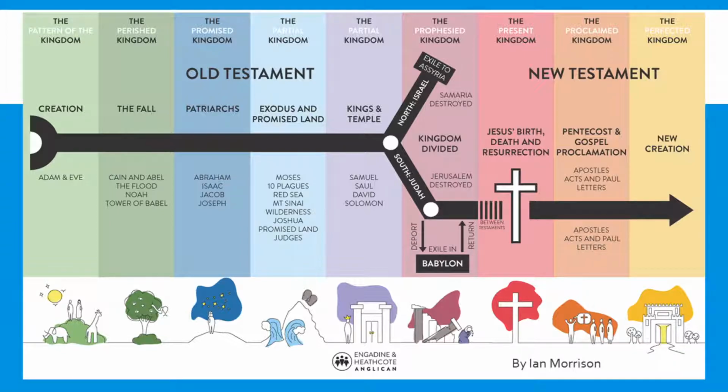The prophesied kingdom. This is a time when the prophets are very, very active in the history of God's people, talking to these kings. If you read the prophets, you'll see how they start to talk to different kings, and a lot of their prophetic writings will start within a year of King so-and-so. And the north kingdom of Israel is exiled to Assyria.